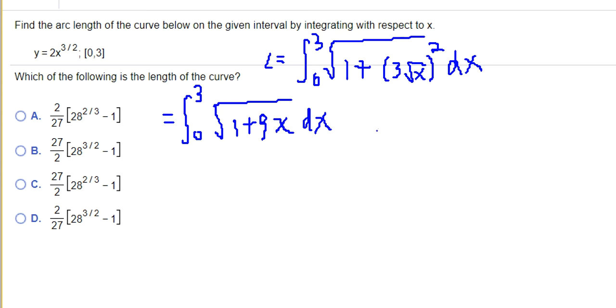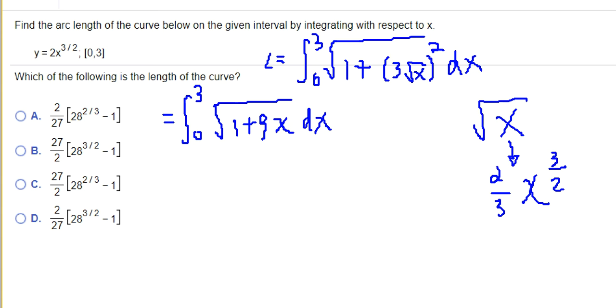Now, just by observation, think about how you find the antiderivative of the square root of x. You end up with 2/3 x raised to the power 3 half.